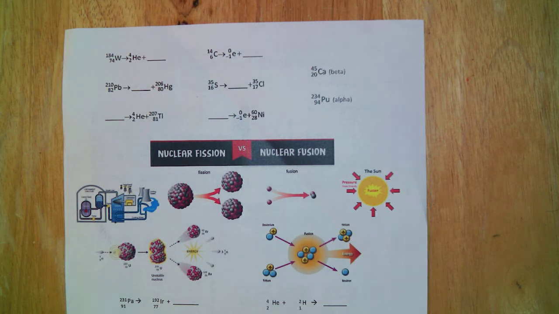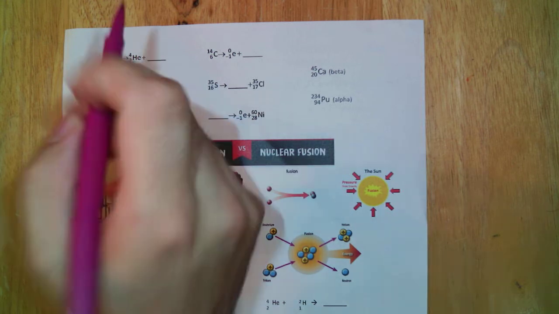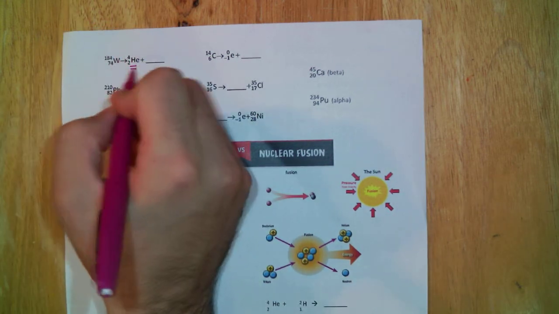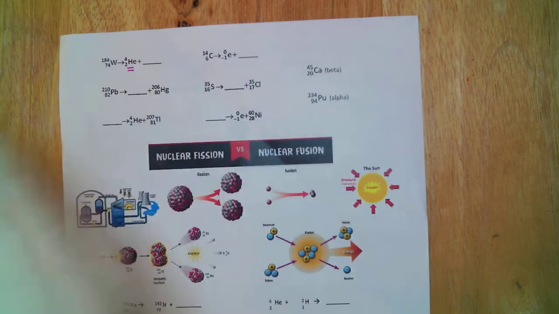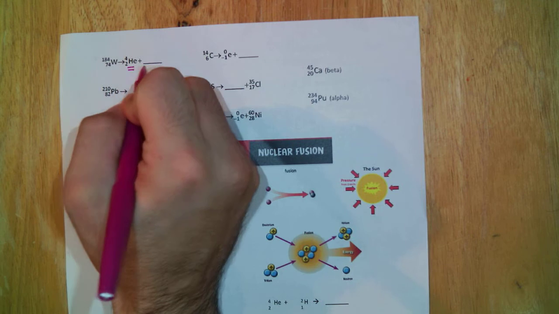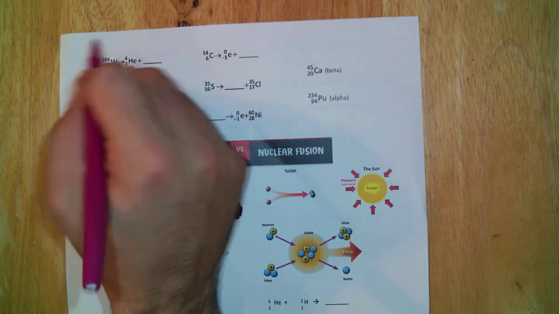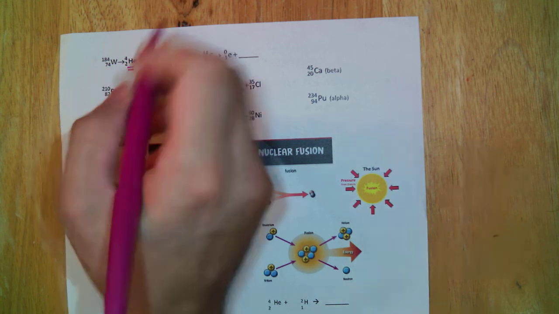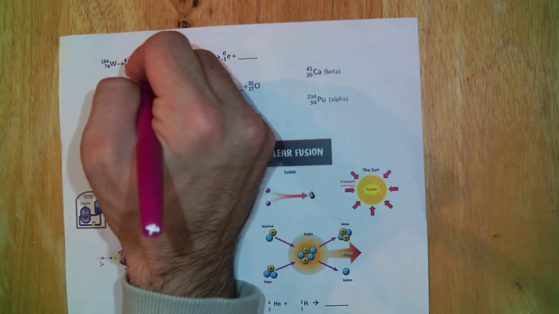If you pause the video. For the first example here, we have tungsten-184 that's undergoing alpha decay, and I realize that because of the alpha particle that's on this side of the arrow. It's releasing an alpha particle. Remember that these numbers on one side have to add up to the numbers on the other, and the alpha decay is going to cause the atomic number to decrease by 2.